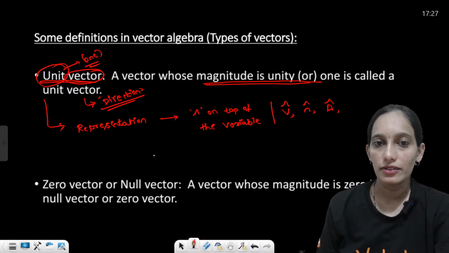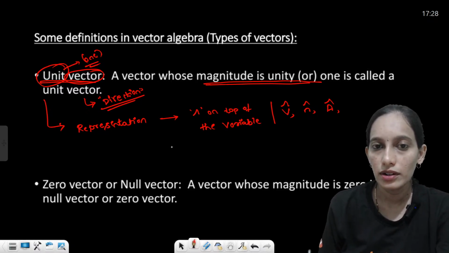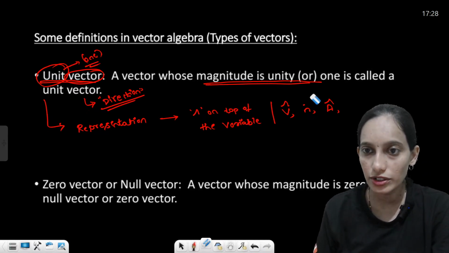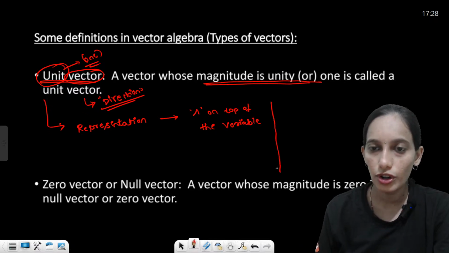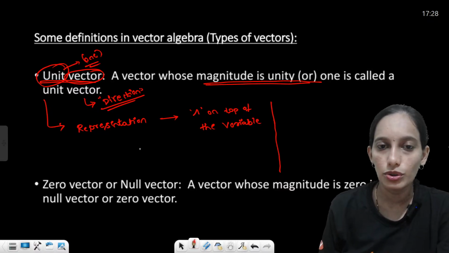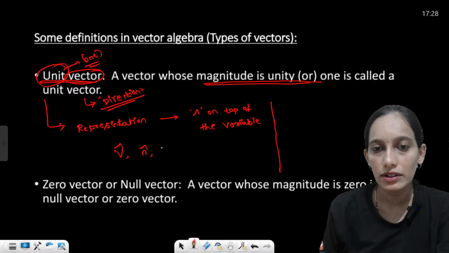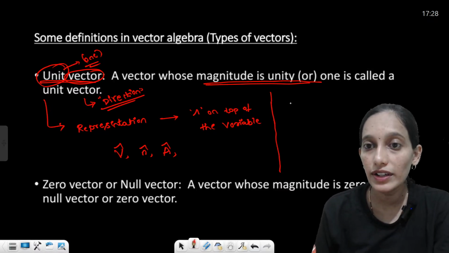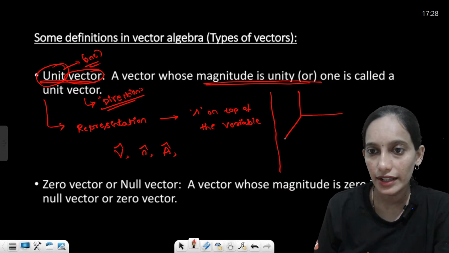Okay, so now with this unit vector, we have one more standard unit vector representation which we have to learn. I'll just draw here itself, which is very important, please remember. So you should not get confused later if I use it. So usually the representation is V cap, n cap, or something like a cap, whatever. Now if we consider our rectangular coordinate system, what is a rectangular coordinate system?